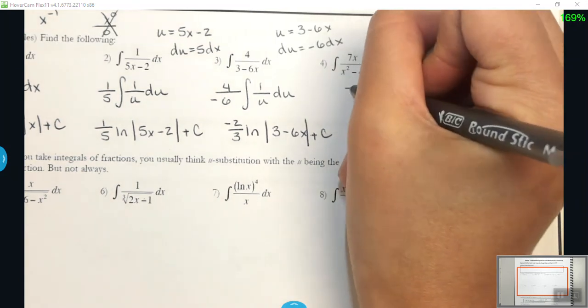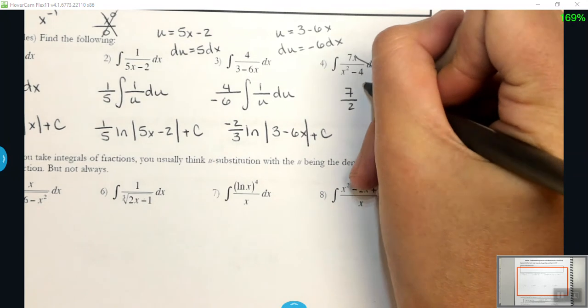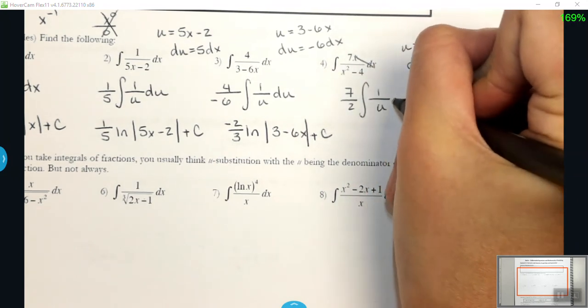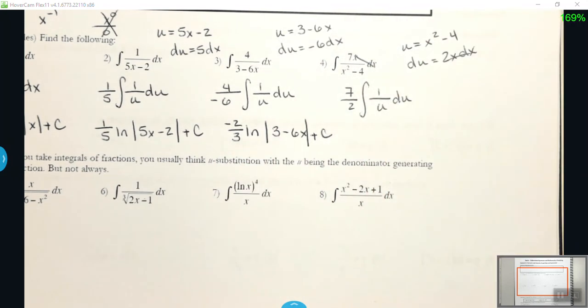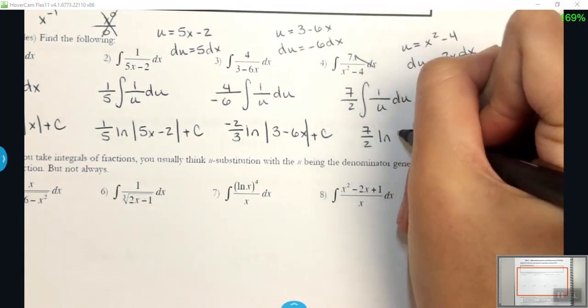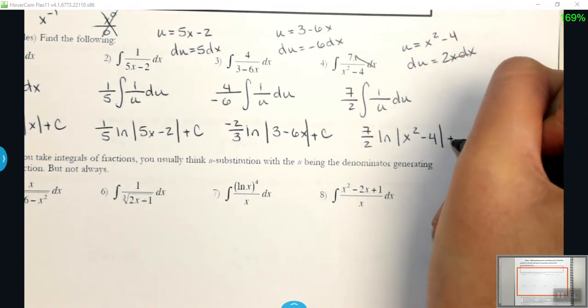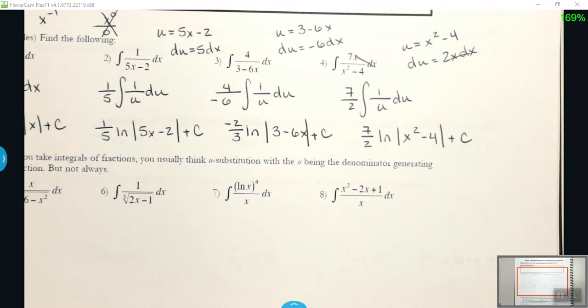Yeah, 7 over 2. The x dx's cancel, and it's just integral of 1 over u du. And so it's 7 over 2 natural log absolute value x squared minus 4 plus c. Okay.